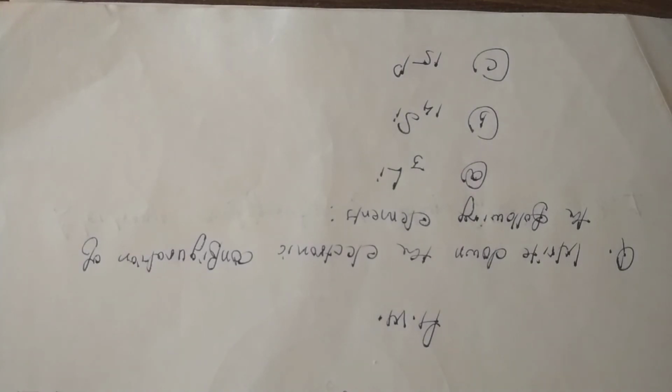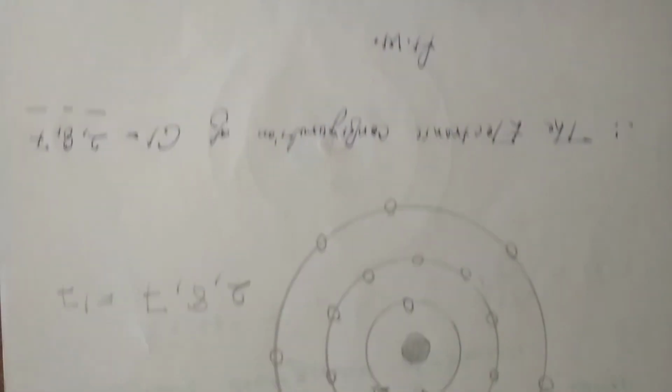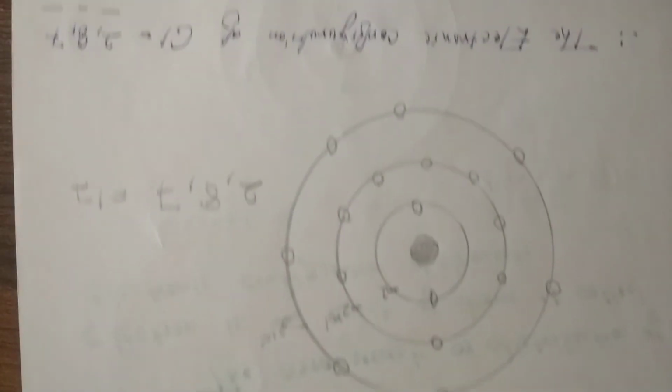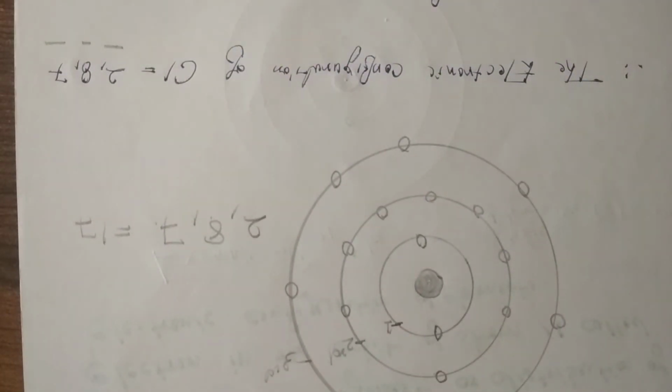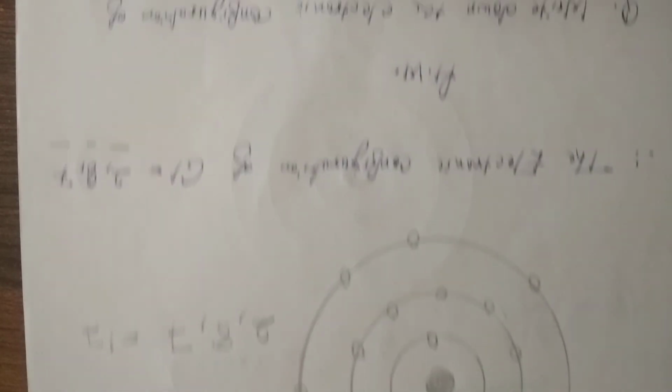I have given you homework: write down the electronic configuration of these elements. How can you write it? Draw the orbits of the atom, arrange the electrons there and write it down, like the example of the electronic configuration of chlorine in this way.